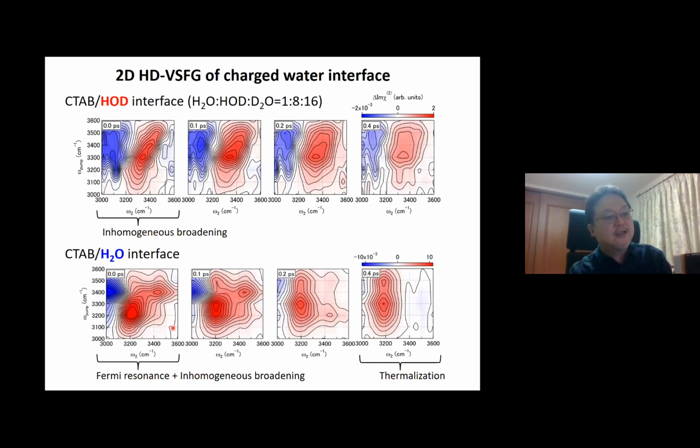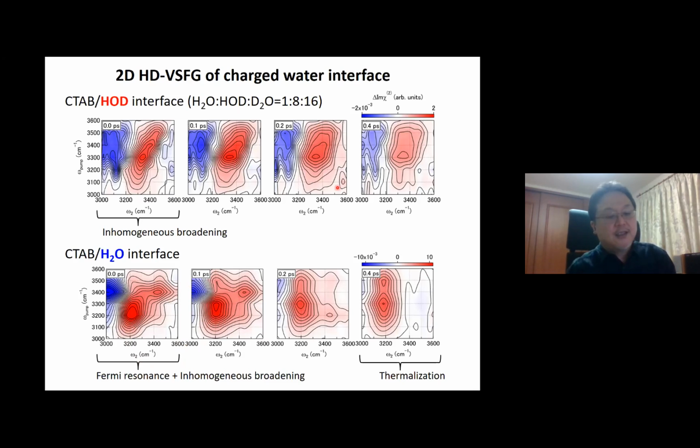You can see that we have a very peculiar feature. Actually, it comes from Fermi resonance. So in order to obtain pure information about structure and dynamics of the interface, in addition to heterodyne detection, using isotopically diluted water is very important.